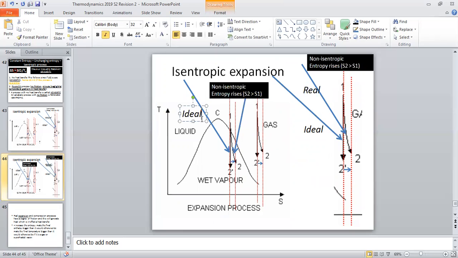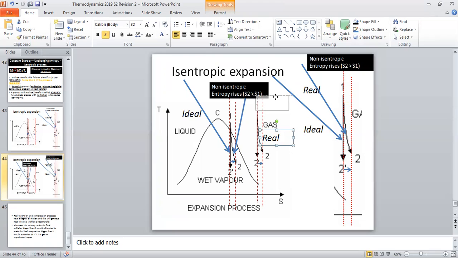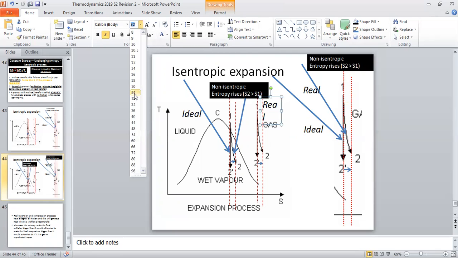Real and ideal. Okay, this is real. Real expansion.